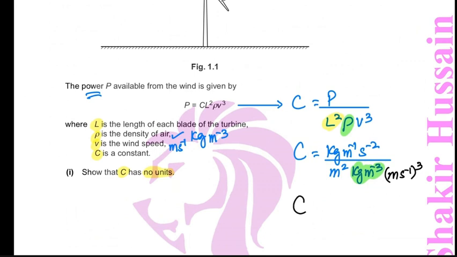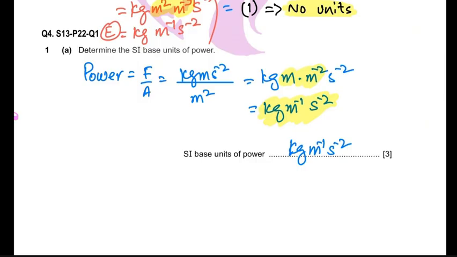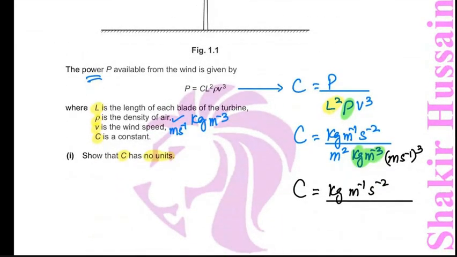And it will become C equals kg m power minus 1 s power minus 2 over... I think there's something wrong. Power is kg m minus 1 s minus 2.